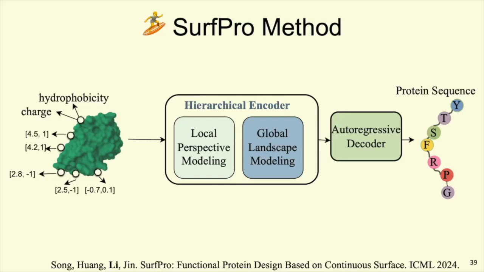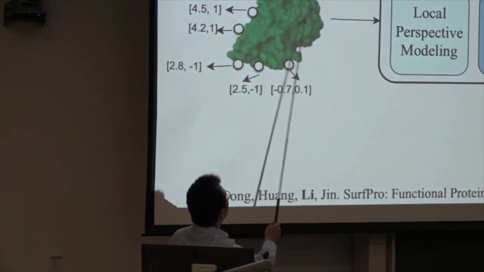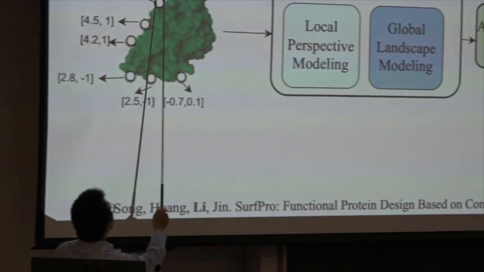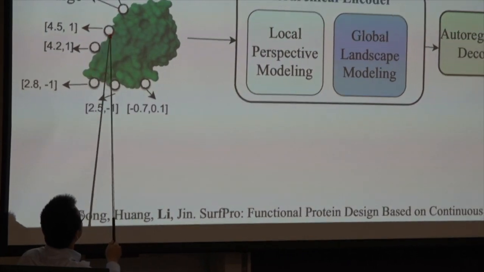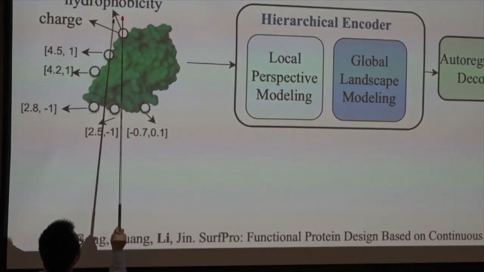So with that, we can design this model with the surface as an input. Here, it's actually a chemical-property-augmented surface. We have a surface represented as a geometric shape, and on each vertex of the surface, we have these chemical properties.